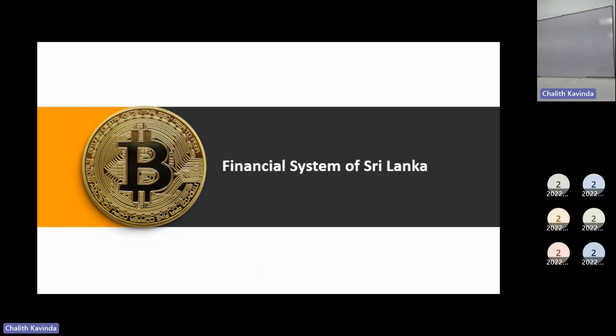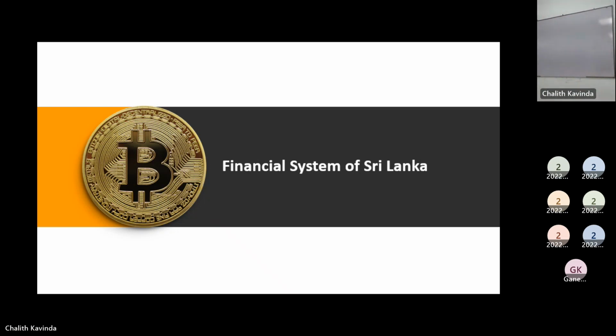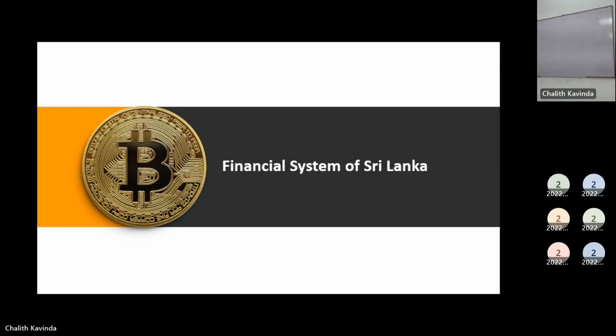A network of financial institutions. Okay, good. Banks, financial institutions, right.